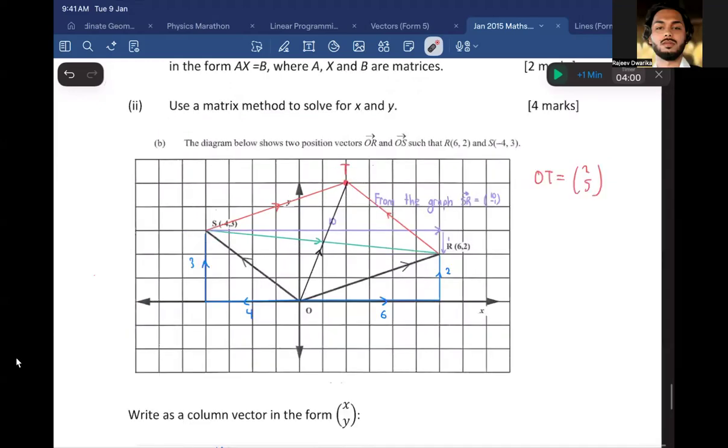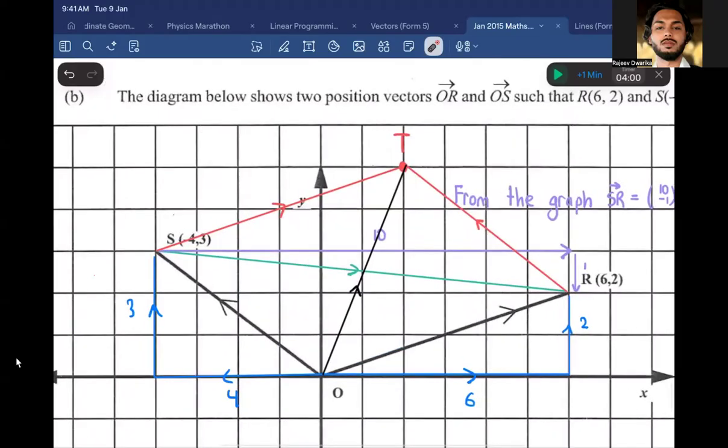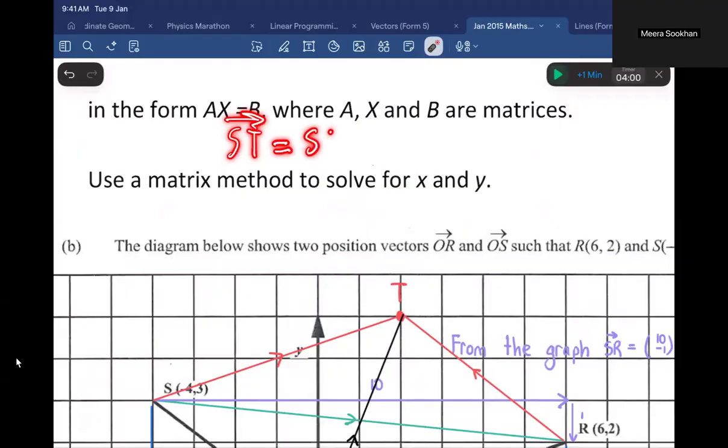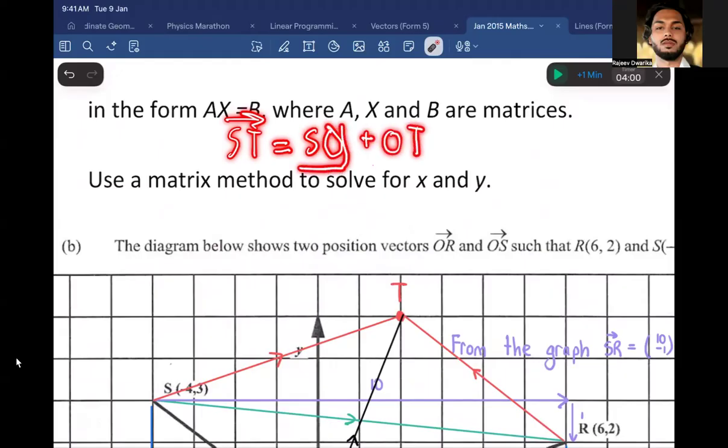Do you understand how we found S to T? How would I go from S to T? S to O, and then O to T. But do we have SO?